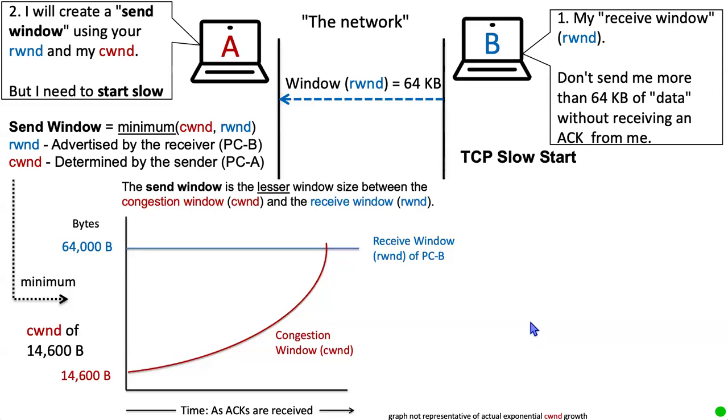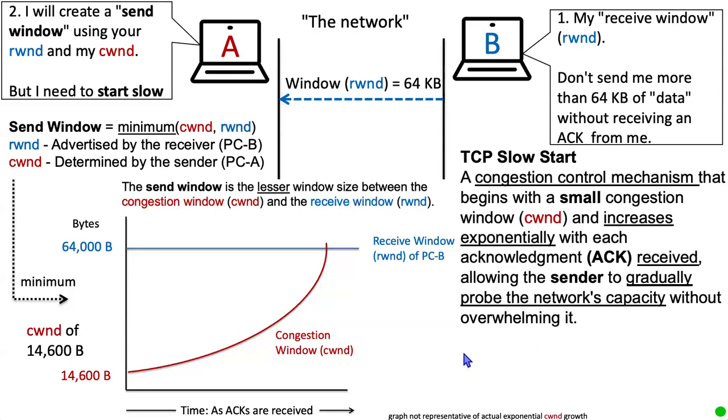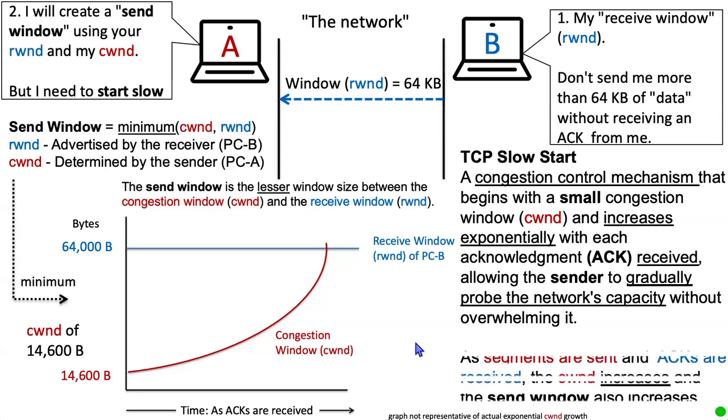TCP slow start is a congestion control mechanism that begins with a small congestion window and increases exponentially with each acknowledgement received, in this case from PCB, allowing the sender, PCA, to gradually probe the network's capacity without overwhelming it.